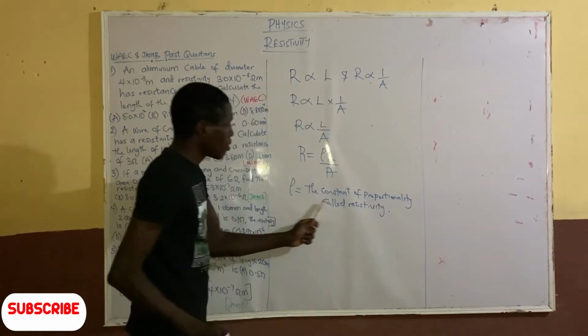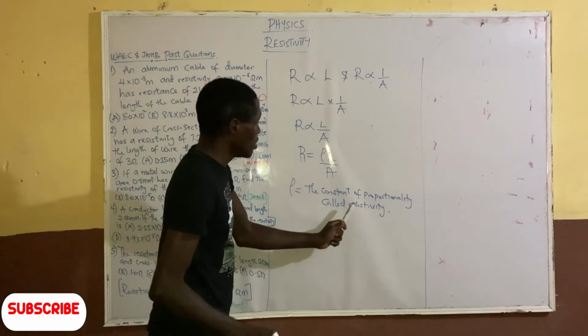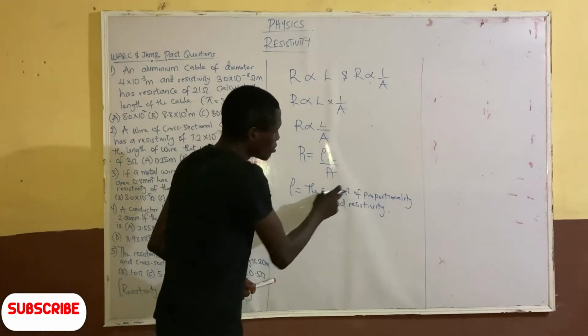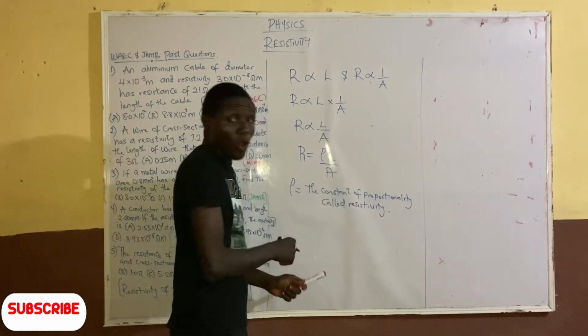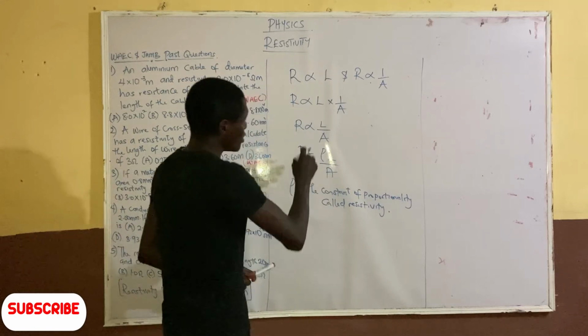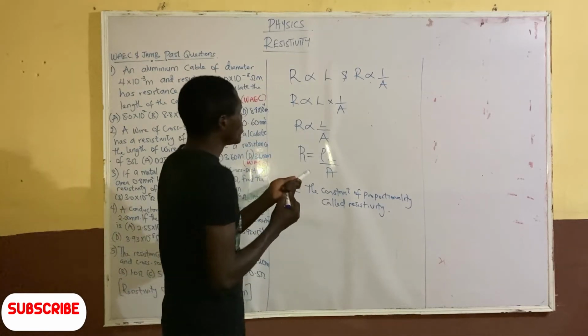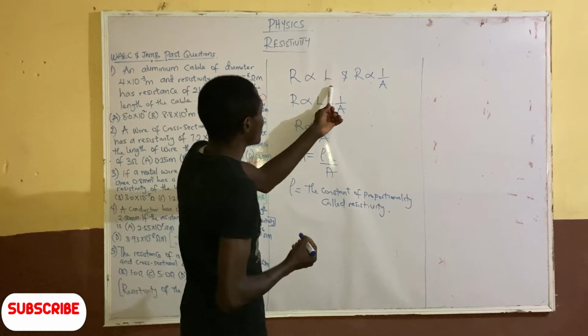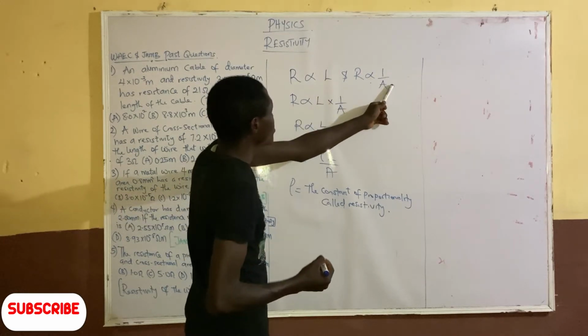You can see that R is directly proportional to L and inversely proportional to 1 over A, that is the area of the material.